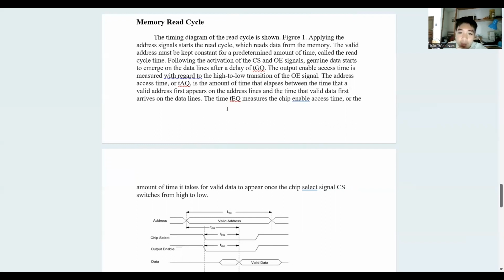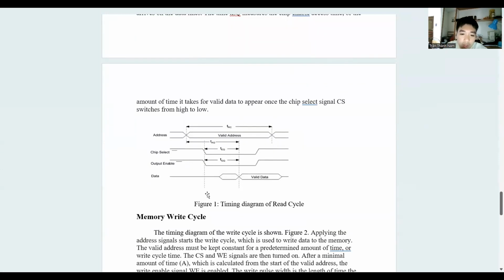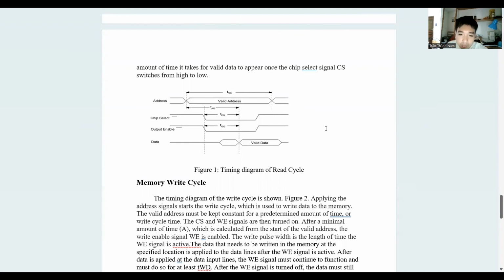The time TEQ measures the chip enable access time, or the amount of time it takes for valid data to appear once the chip select signal CS switches from high to low. Here is the figure and timing diagram of this cycle.